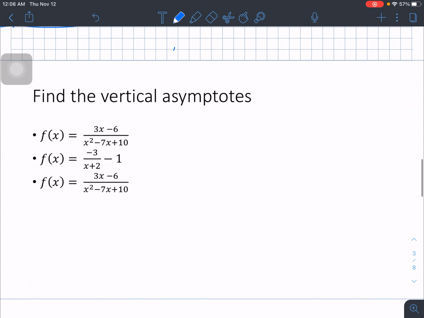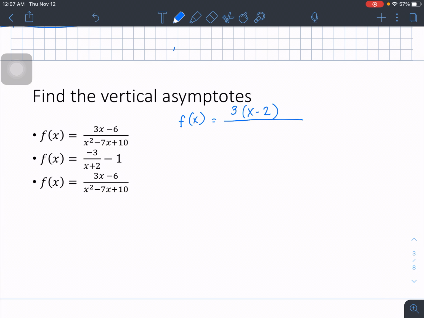Next, let's have an example. So 3x minus 6 over x squared minus 7x plus 10. Again, first simplify this one. This can be further simplified. We factor 3 out on 3x minus 2, so this will be 3 times x minus 2. For x squared minus 7x plus 10, let's try to factor this out.